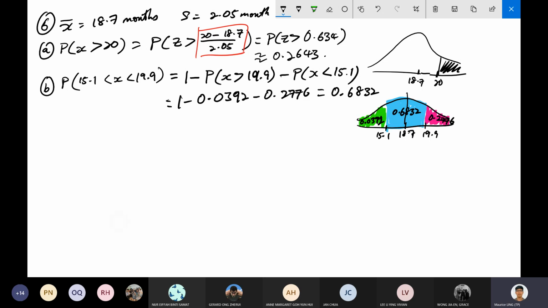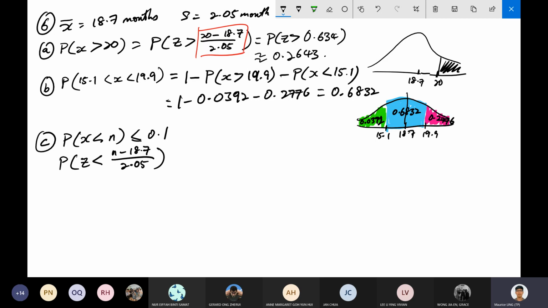Okay. So question C. How many months of warranty so that you do not want to exchange more than 10%? Same thing. The number that you do not want to exchange more than 10%. Okay. So you convert back into the Z value, and minus 18.7 divided by 2.05, 0.1.